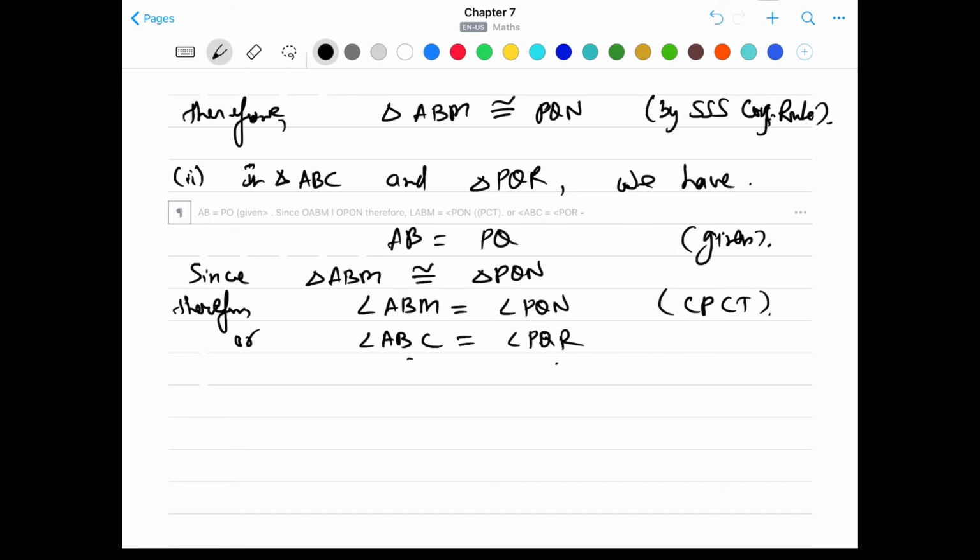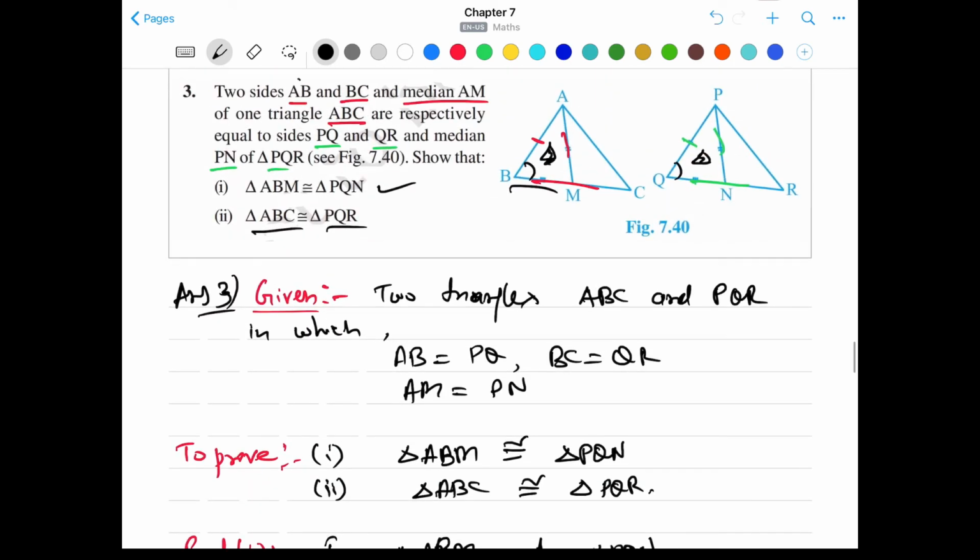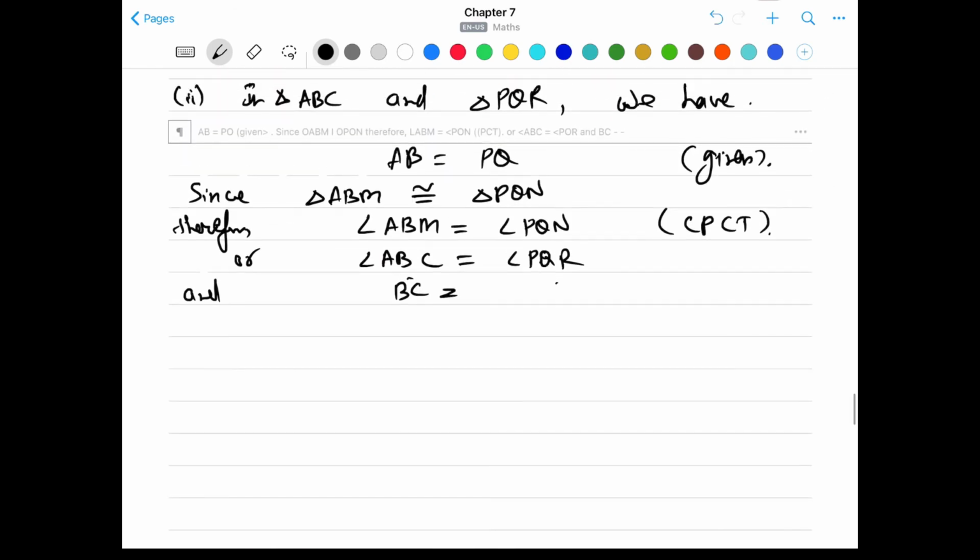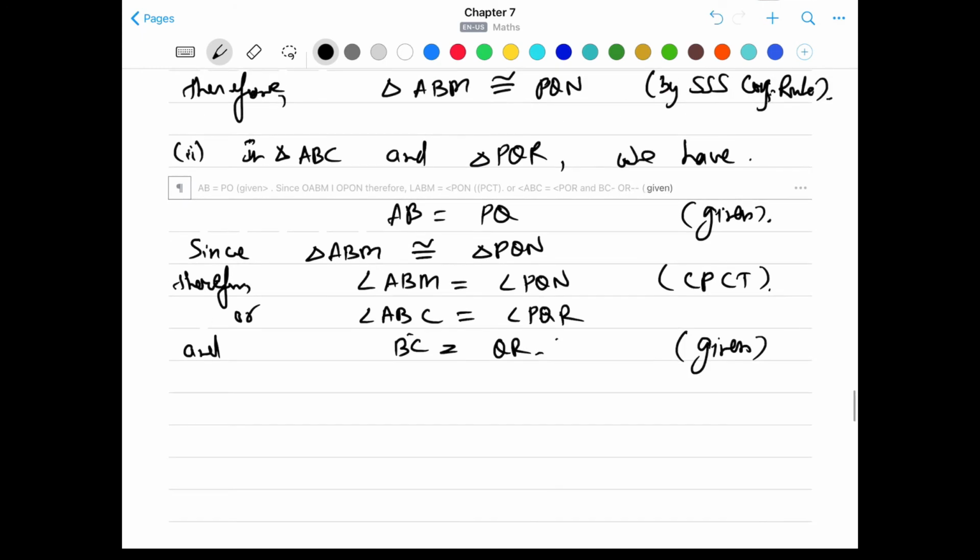So these two angles will be equal, and we are given that BC is equal to the base side QR. This is also given. So what we got here is one side, one angle, and a side, that is two sides and their included angle.